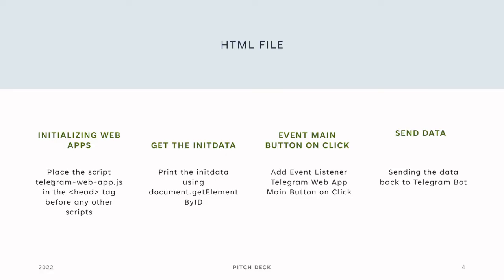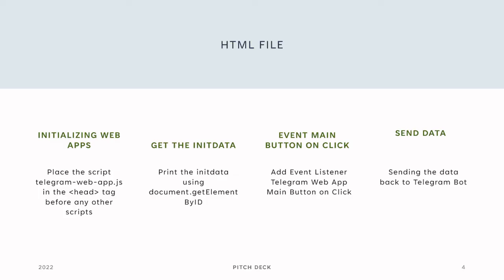We place the script of telegram-web-app.js in the head tag before any other script, and then we try to get the init data from the Telegram bot, and then we make an event for main button on click. So if we click the main button of the web app, it will send data back to the bot. Yeah, this is the send data.